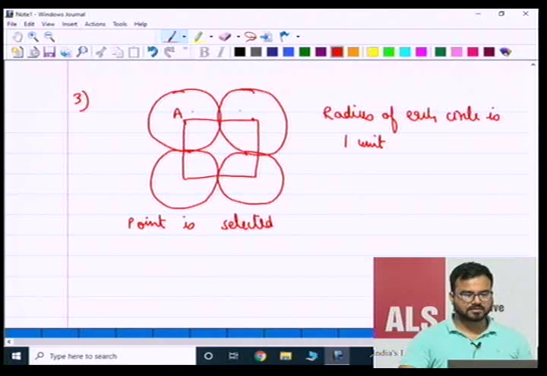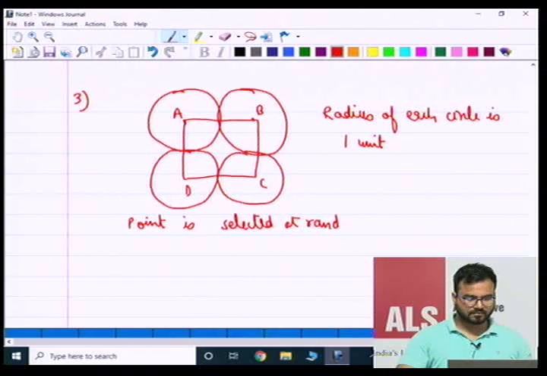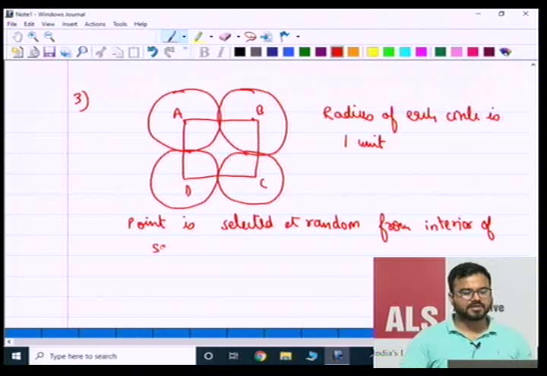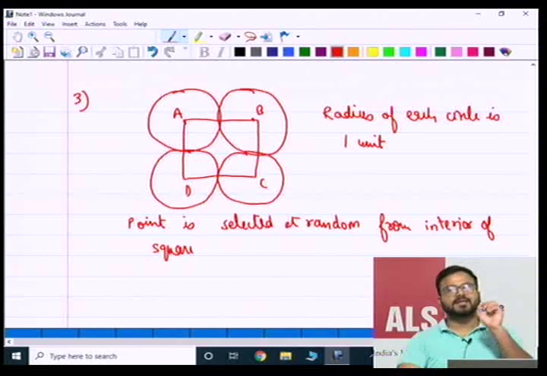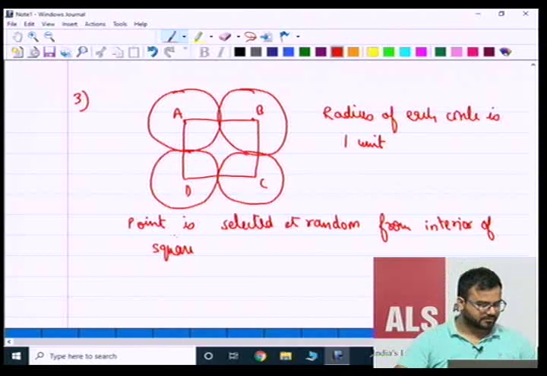Suppose there is a square ABCD. A point is selected at random from the interior of the square. We are selecting a point at random from the interior region of this square.